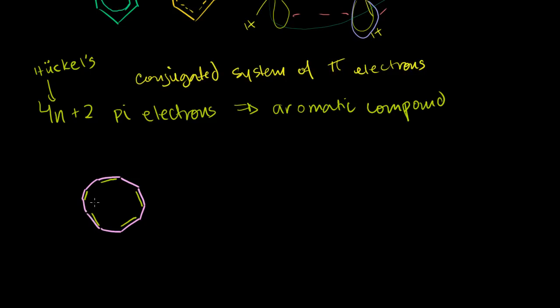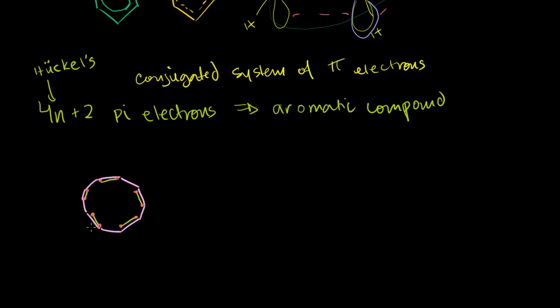And you can imagine these guys could flip around, but this would also be an aromatic compound. This has 10 pi electrons. Each of the carbons has a pi electron, or you could count the pi electrons on each end of these pi bonds. 1, 2, 3, 4, 5, 6, 7, 8, 9, 10.